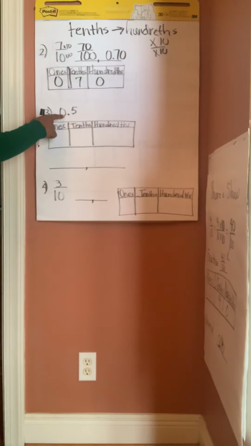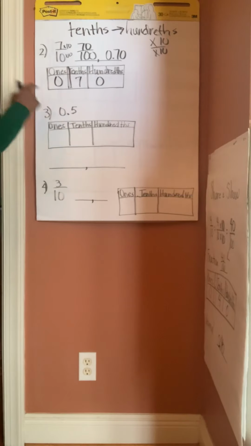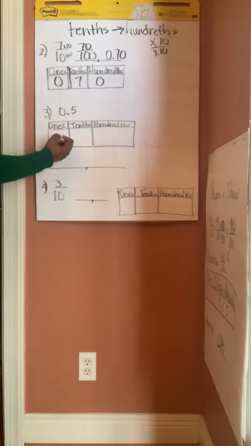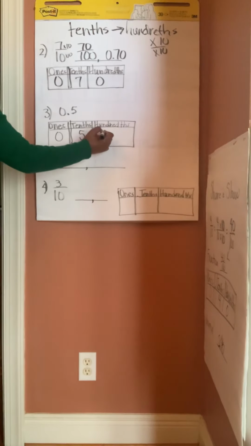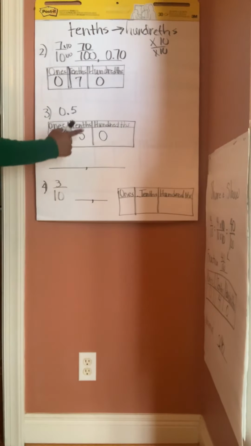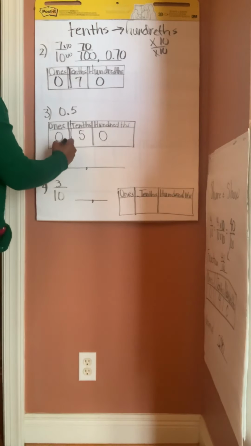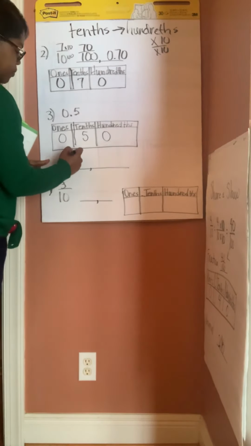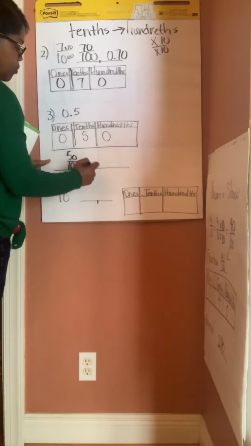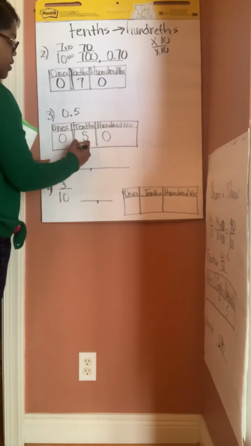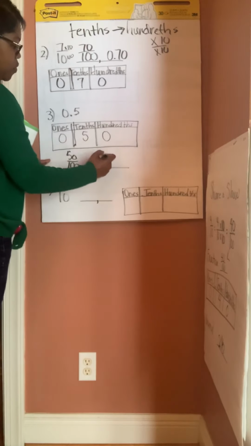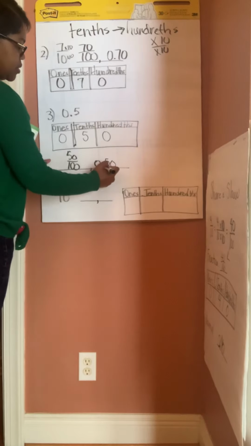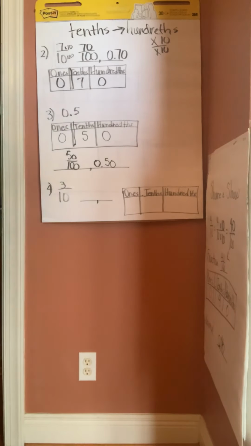Now I'm going to do 5/10 as hundredths. But here they're showing me the decimal, but it works the same way. If I fill it in my place value chart, I have 0 ones, 5 tenths, 0 hundredths, 50 hundredths.